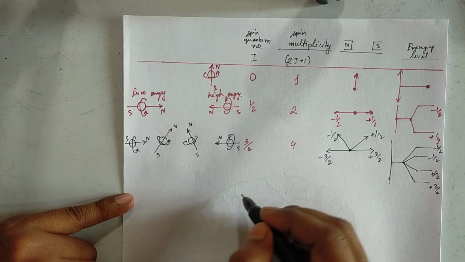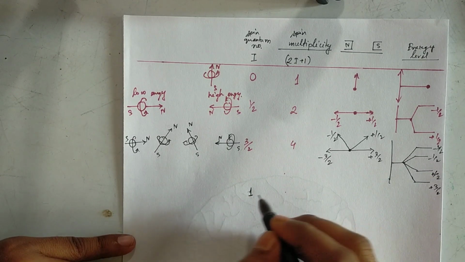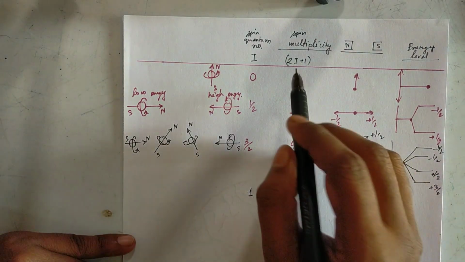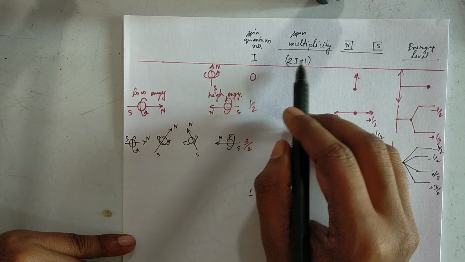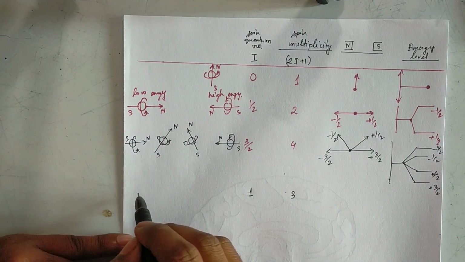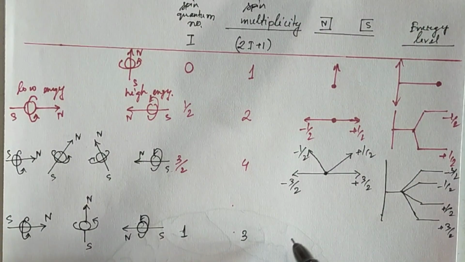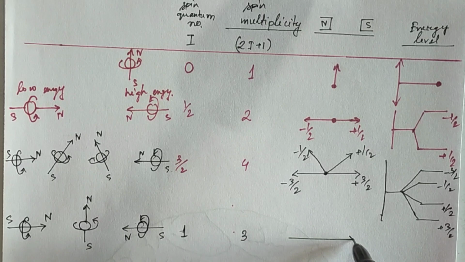If the spin quantum number is 1, at that time spin multiplicity will be 2 into 1 plus 1, so 3 possible orientations. And we can represent it like this also.